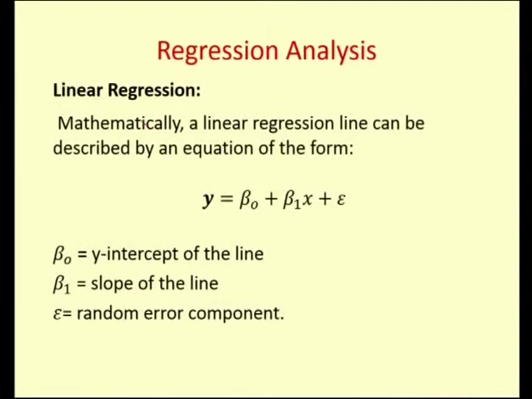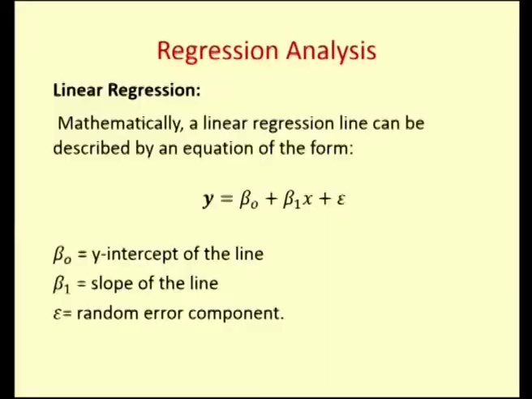And the mathematical form of the regression, it is a linear regression, and the linear regression line can be described by an equation of the form y is equal to beta naught plus beta 1 x plus epsilon, where beta naught is called the y intercept of the line, beta 1 the slope of the line and epsilon is the random error component.